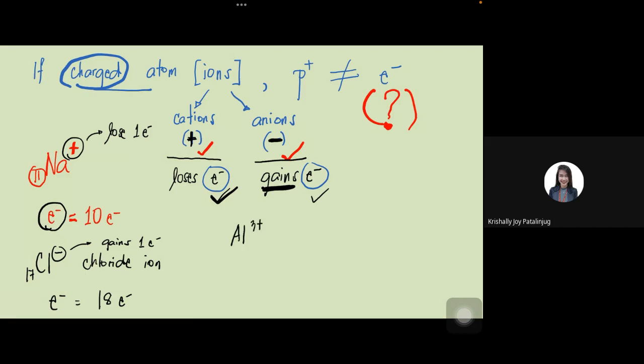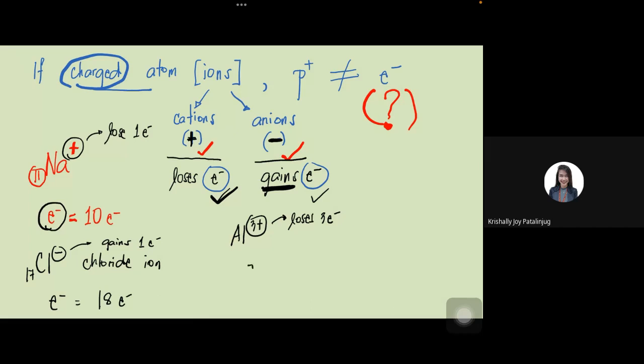Okay, last example. Aluminum. If you refer to your notes about the list of ions, aluminum has the ion form aluminum 3 plus. And therefore, it carries a positive charge, so it loses 3 electrons during a chemical reaction.